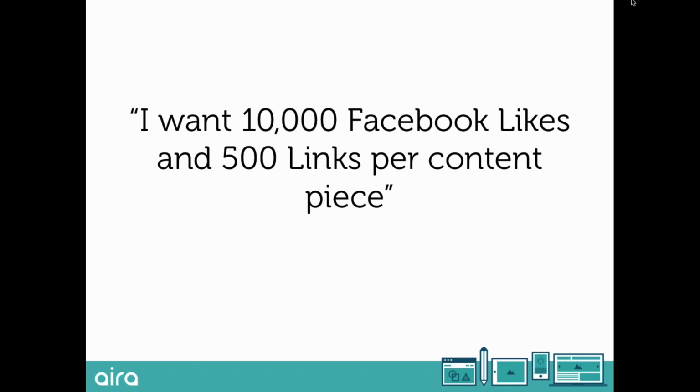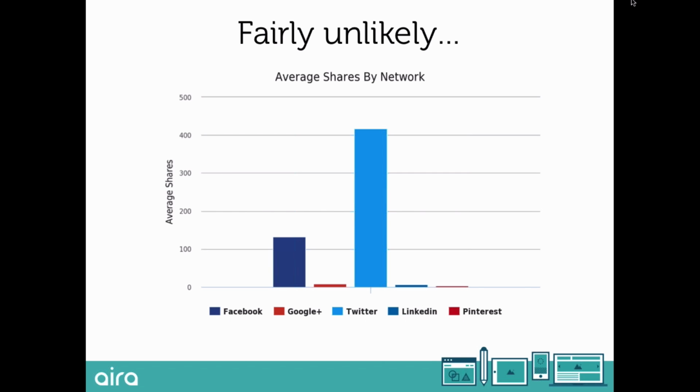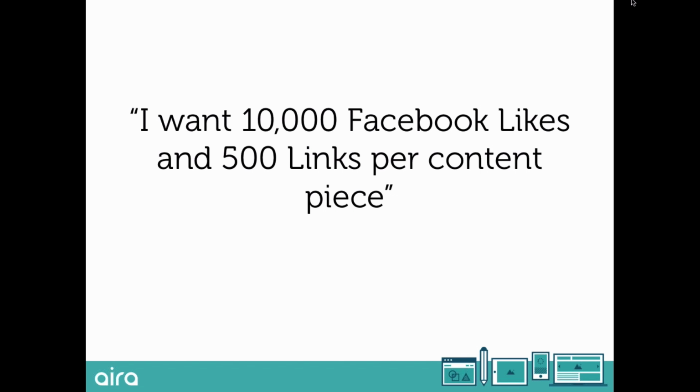If your client or your boss says to you, I want 10,000 Facebook likes and 500 links per content piece, and I've just picked those numbers out of thin air, you can say to them, well, actually, that's not very realistic because the data is showing us that the average number of shares in our industry or from our competitors is, in this case, about 120 Facebook shares. So them wanting 10,000 probably isn't going to be that likely.